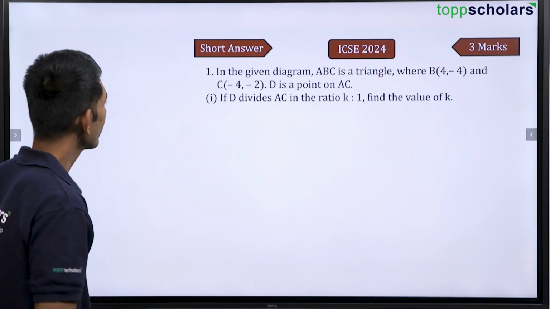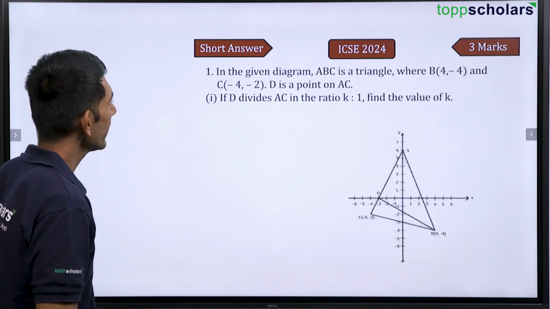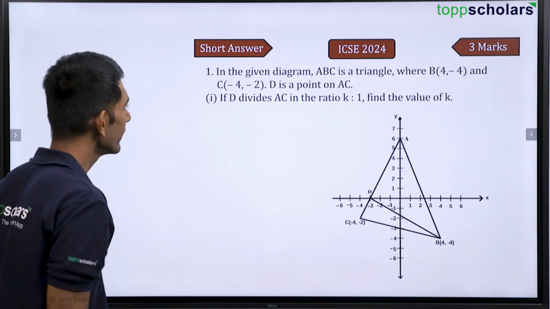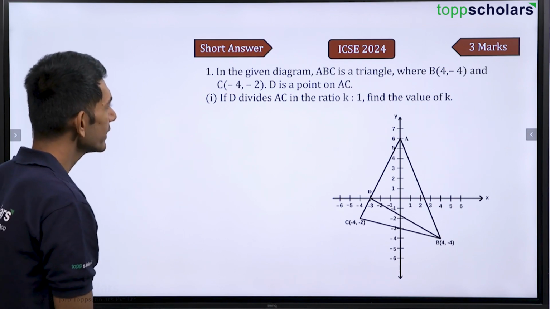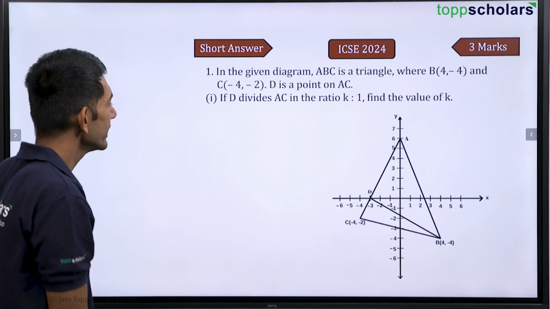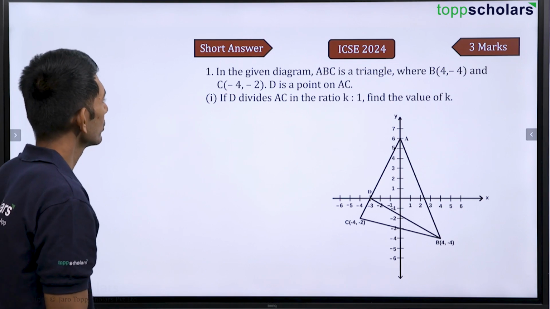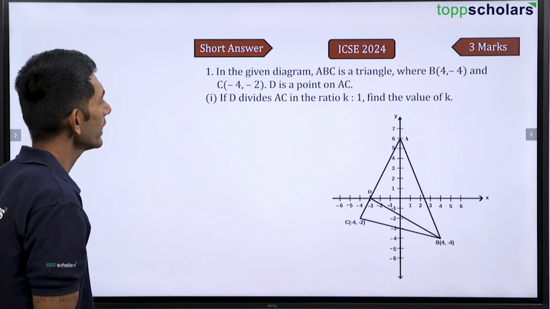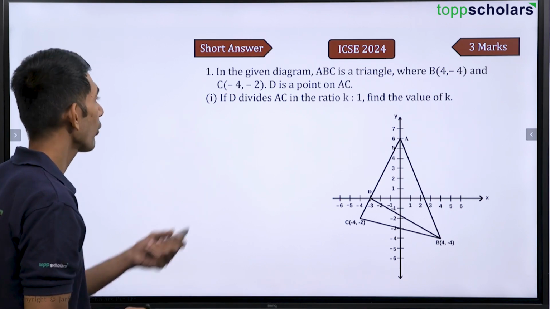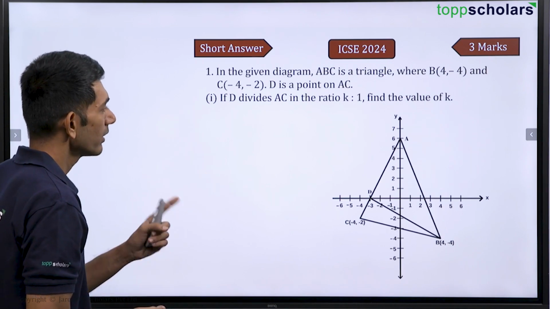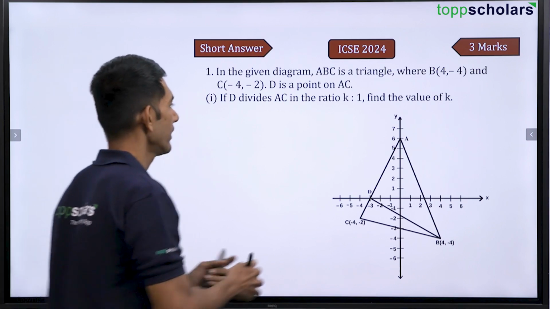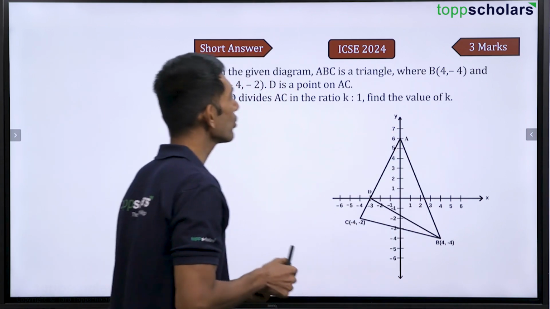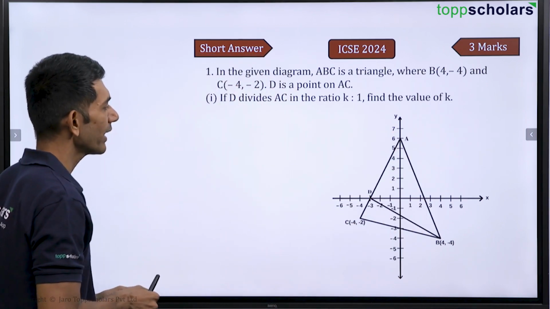So here it says, in the given diagram, ABC is a triangle. The diagram is already given to us. ABC is a triangle, where B has the coordinates 4, minus 4 and C has the coordinates minus 4, minus 2. And D is the point on AC, and D is also the point on the x-axis if you see. If D divides AC in the ratio k is to 1, we are supposed to find out the value of k.